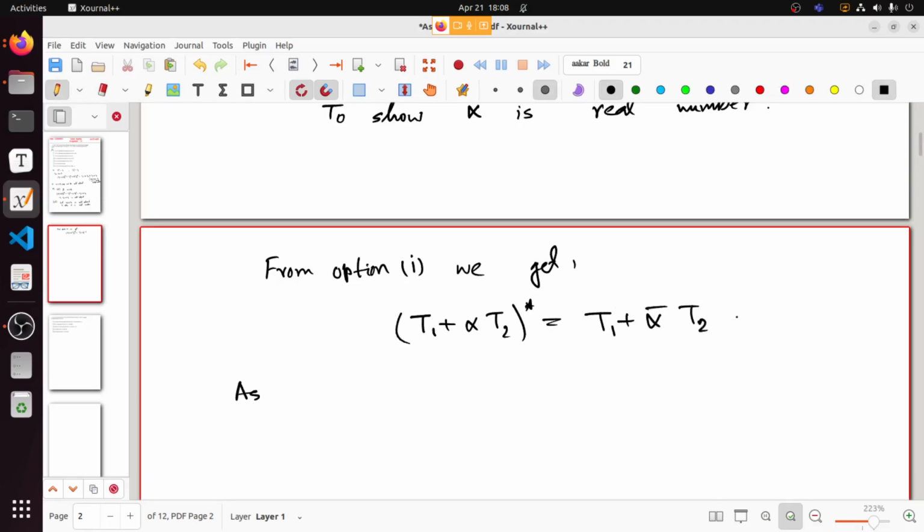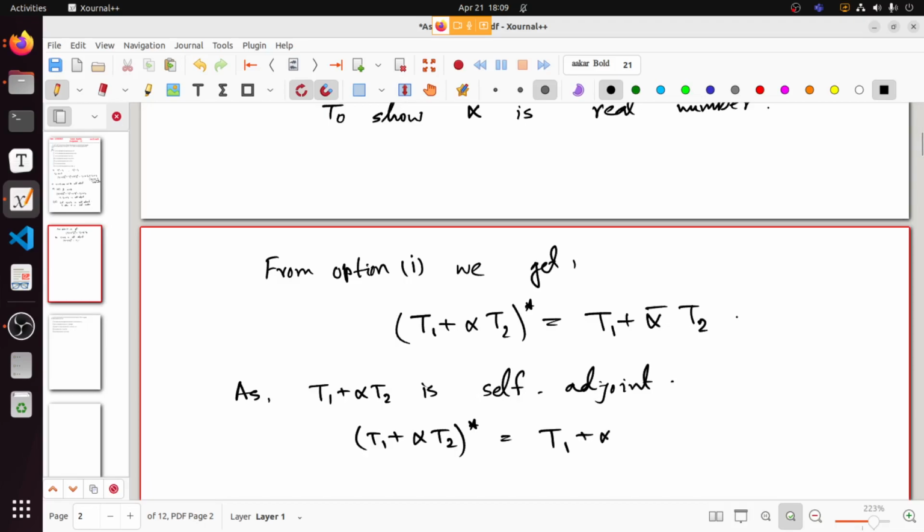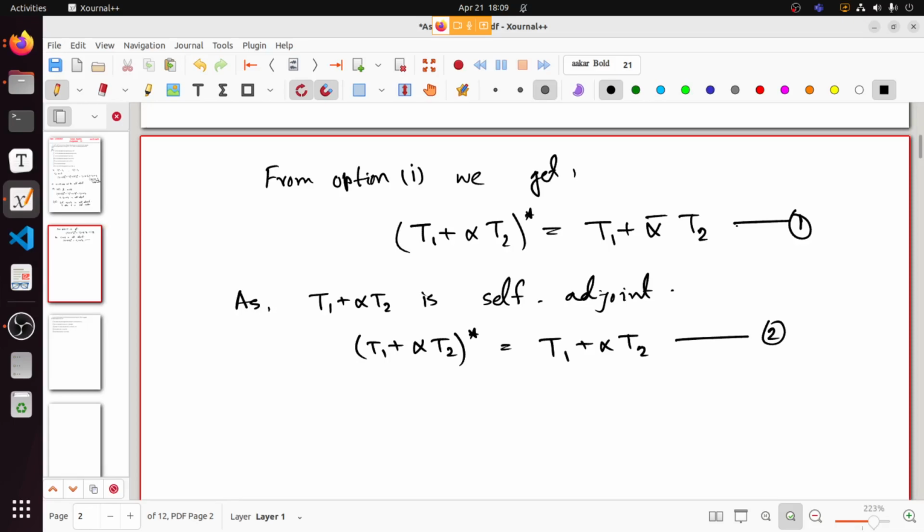And as T1 plus alpha T2 is self-adjoint, given, T1 plus alpha T2 star will be T1 plus alpha T2. Call this 1 and this 2. From 1 and 2, alpha equals alpha bar, means alpha is a real number. So option 2 is correct.